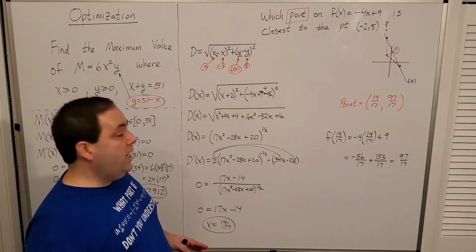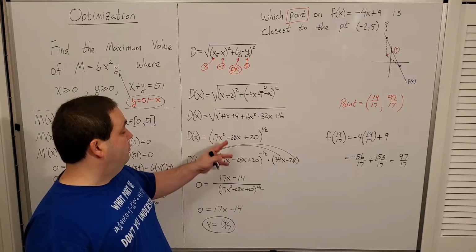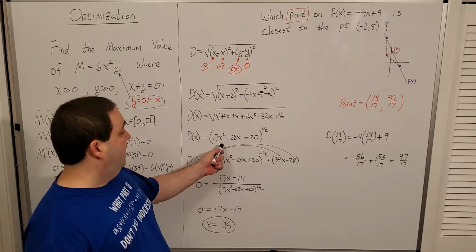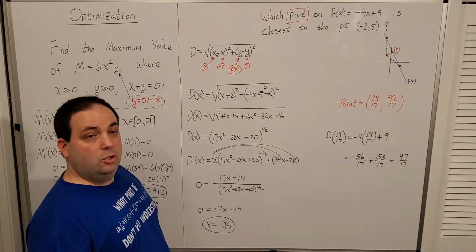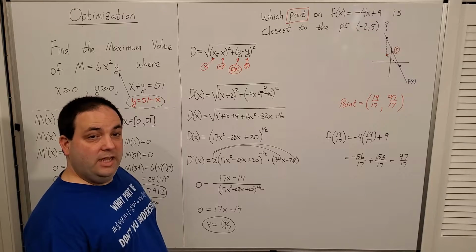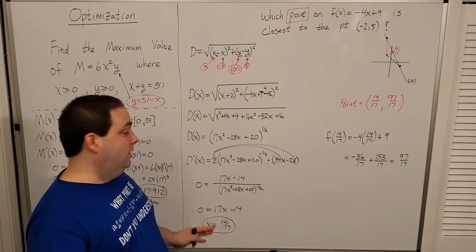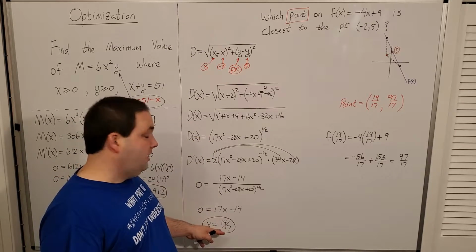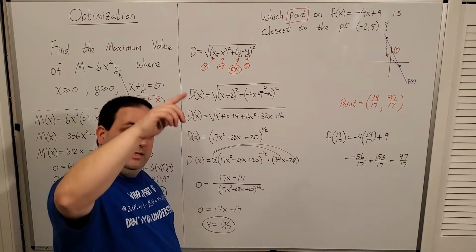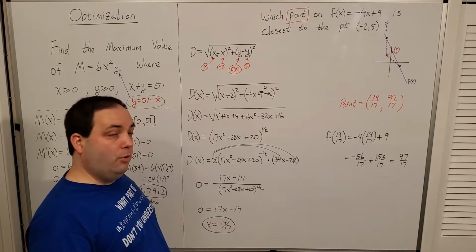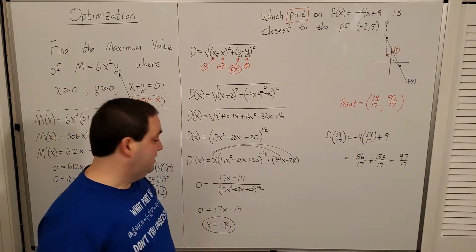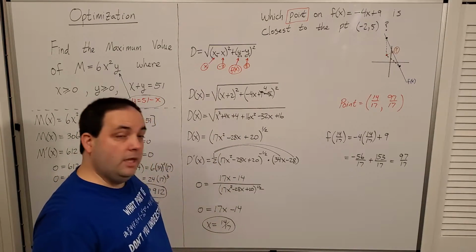But FYI, if you were to try and do the domain on this, you would find out that this particular quadratic doesn't actually ever equal 0. You'll get imaginary values for it, and that's really the whole reason why this thing can have this minimum, because it's going to be sort of like a parabola, but the square root sort of dampens it, and you're getting the minimum value for that.